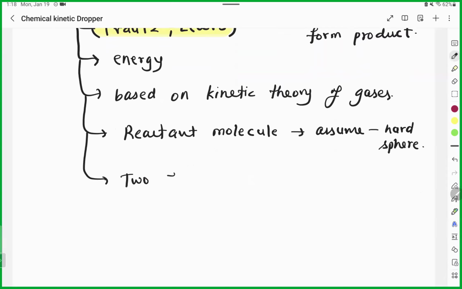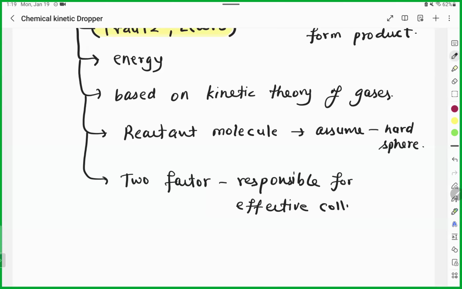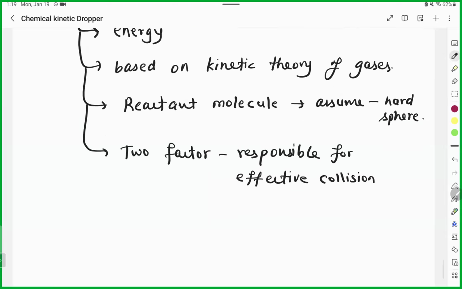Two factors responsible for effective collision will be: one, minimum kinetic energy or minimum energy, because if particles do not have enough energy, or energy is less than activation energy, then collision cannot happen.